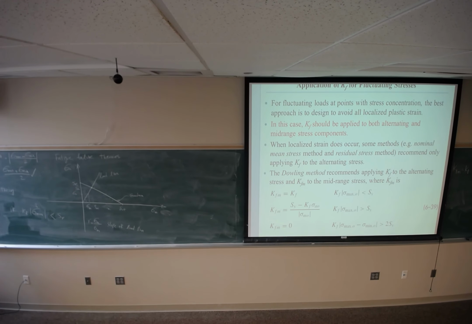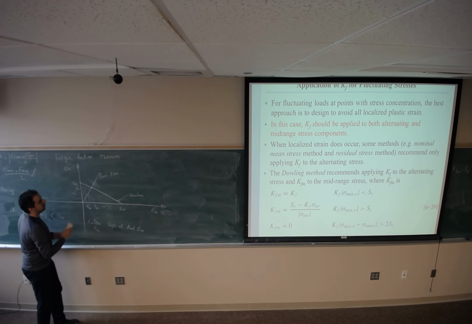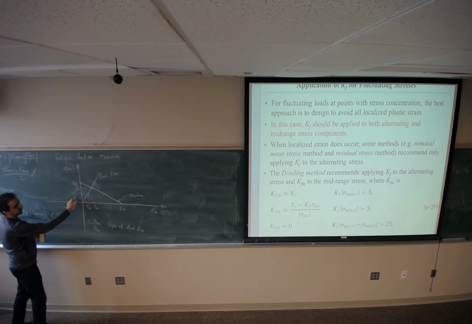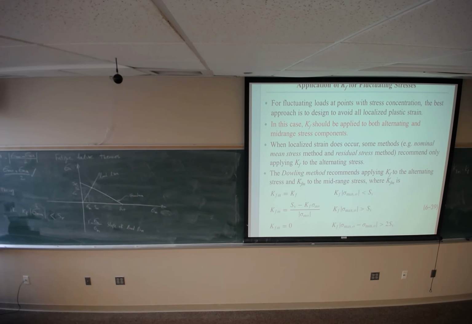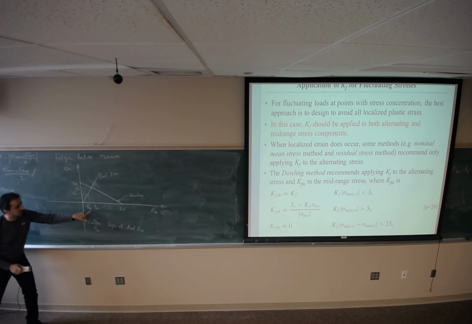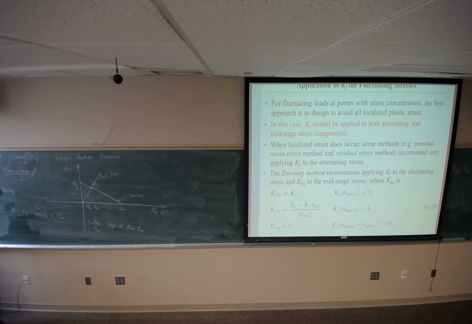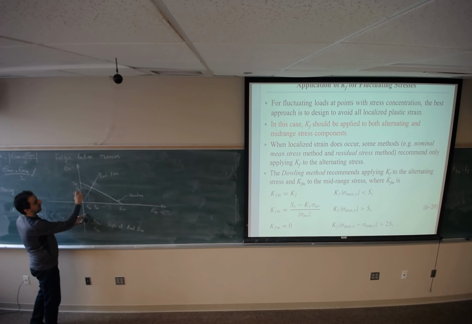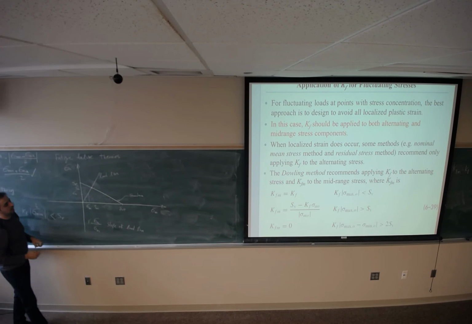I'm just defining some terms that I'm going to use later. So sigma A is the alternating component coming from here. Sigma M is the mid-range or mean stress term coming from here. SM and SA come from the intersection of the load line and the Goodman line.